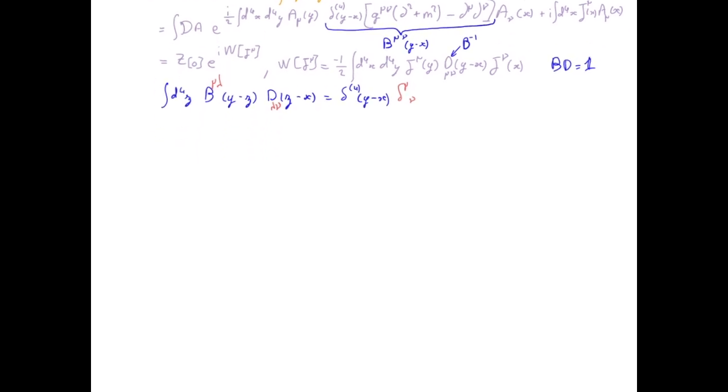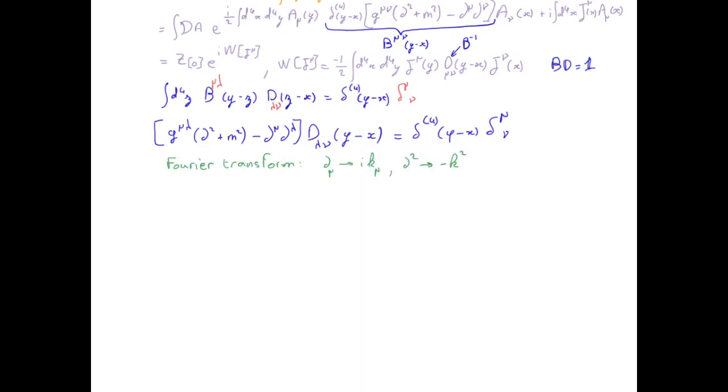We now replace b by its expression. What makes things complicated is all these derivatives. The trick is usually to go into momentum space by a Fourier transform, which usually makes the equation simpler, because it transforms all the derivatives into momenta.